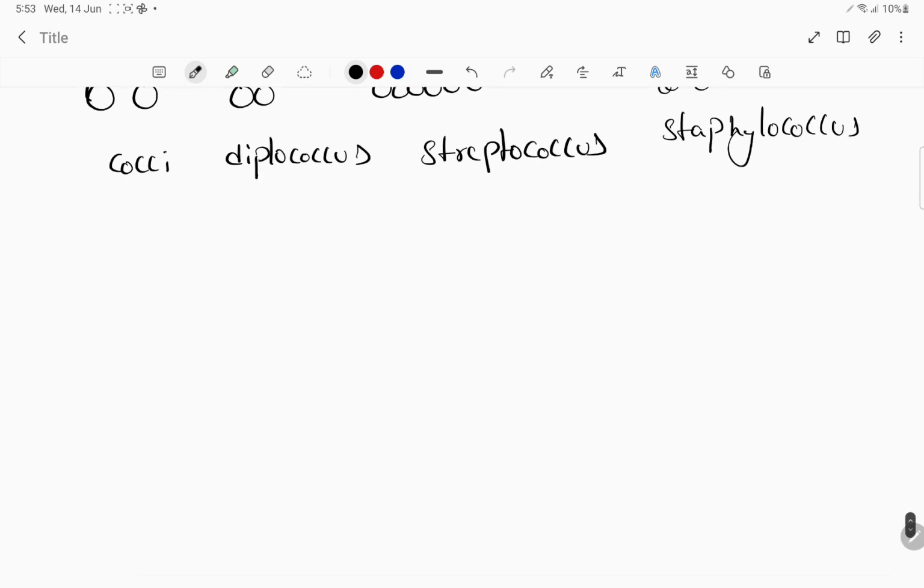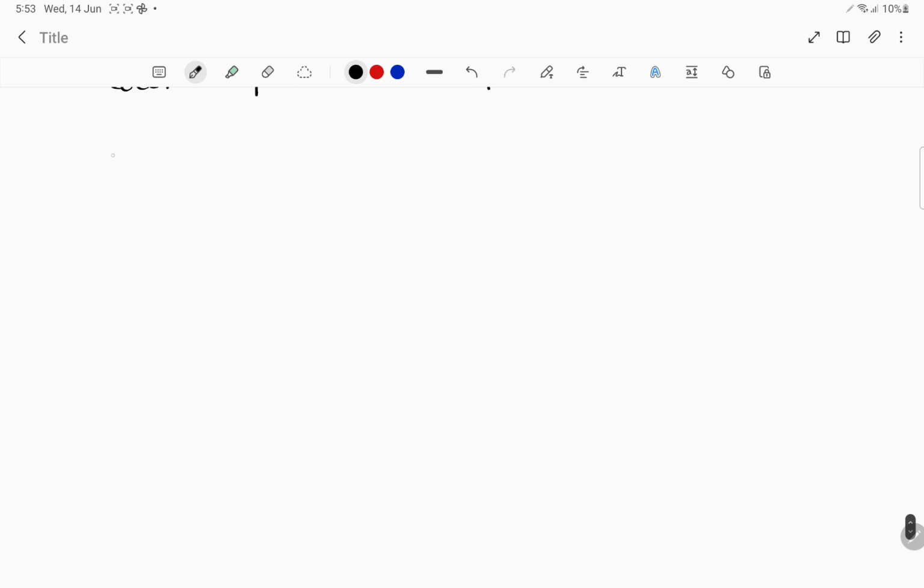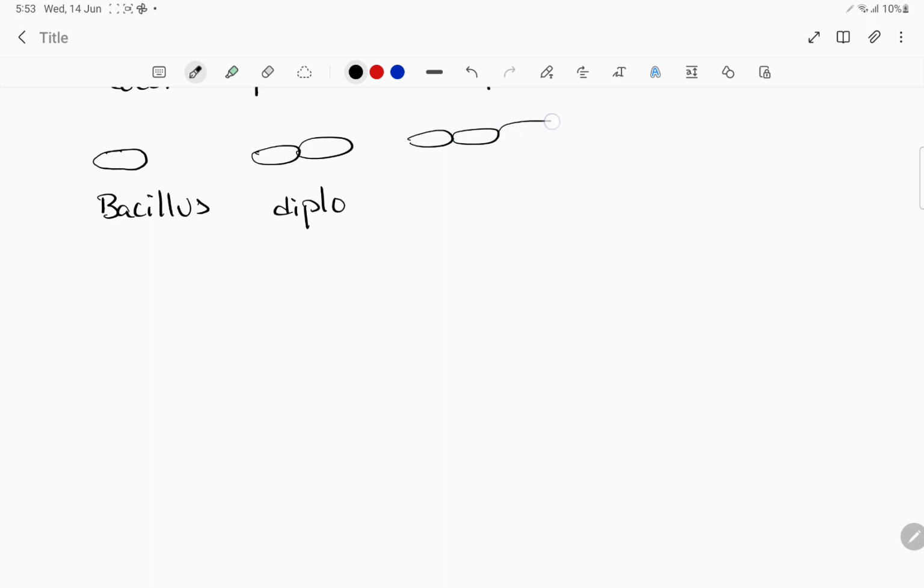And coming to the bacillus, which is rod shaped, bacillus, and plural is bacilli, and we have diplobacilli, and here we have streptobacilli. Okay, and we have Vibrio.